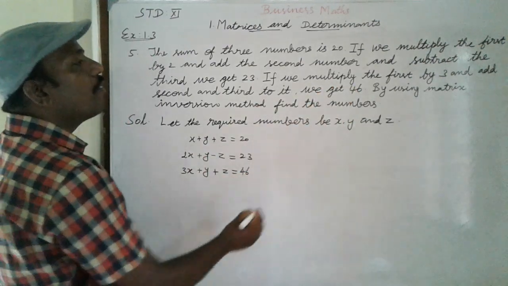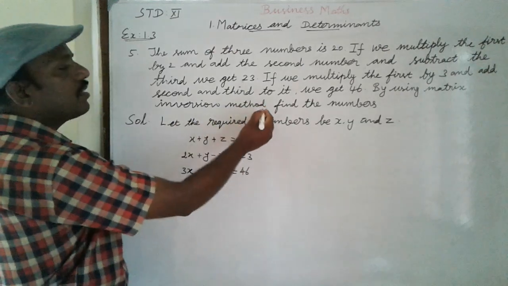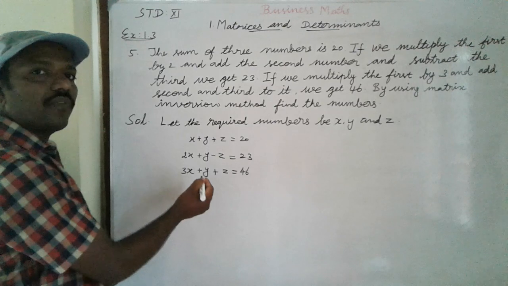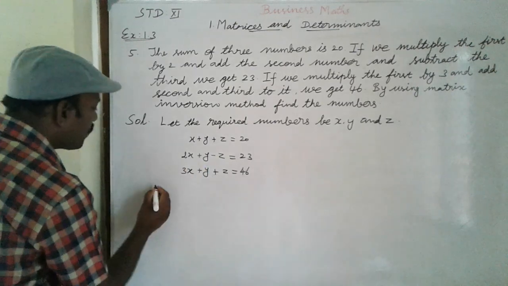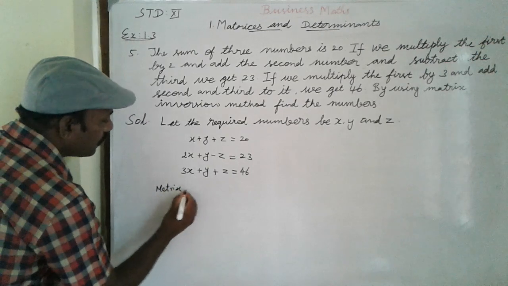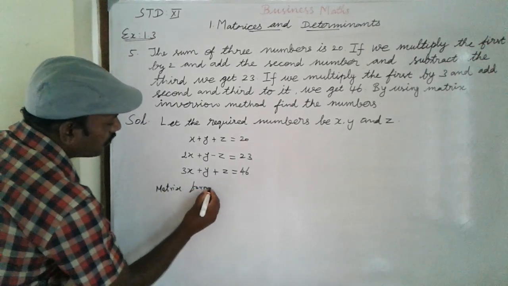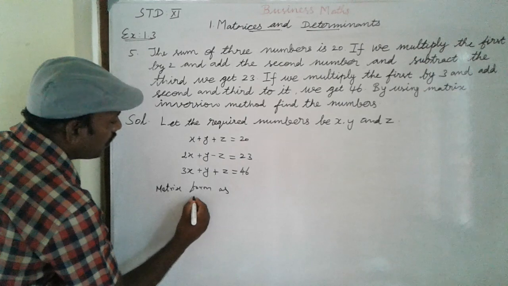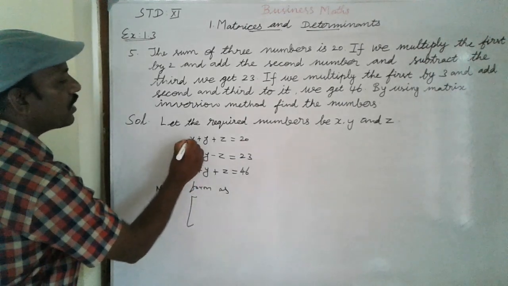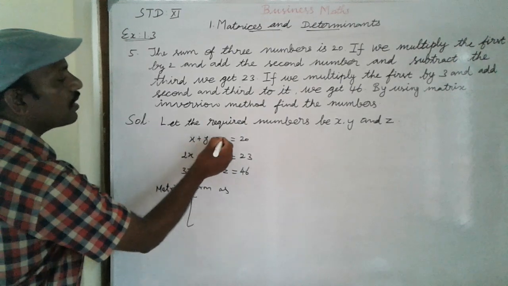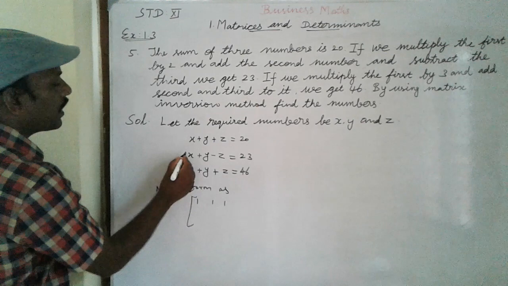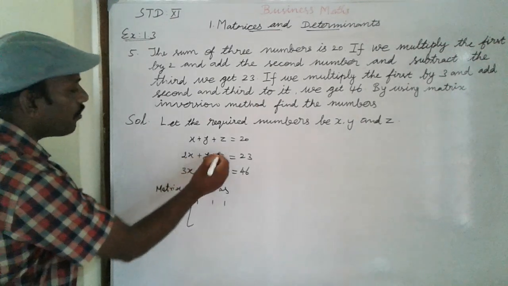By using the matrix inversion method, find the numbers. So we should use the matrix inversion method to find these numbers. The matrix form is: the coefficients of x, y, z in the first row are 1, 1, 1. Second row is 2, 1, minus 1.